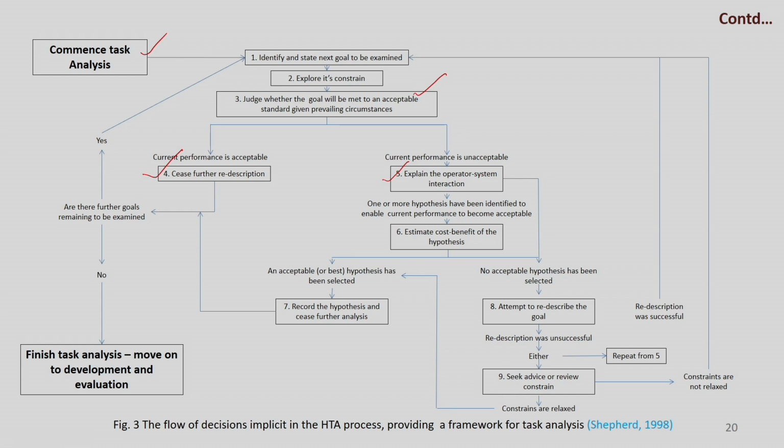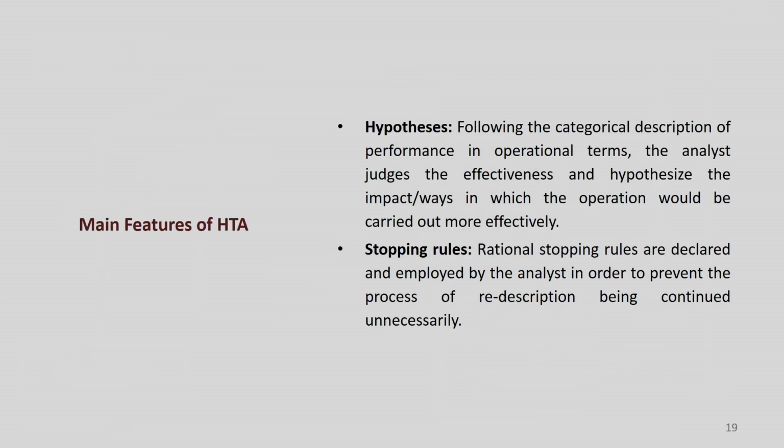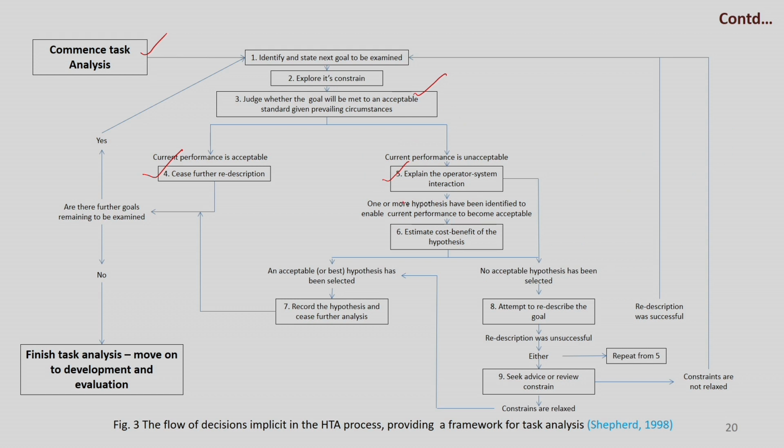So, what do you do here? One or more hypotheses need to be identified that enable the current performance to become acceptable. As in the earlier stage I said, it helps you to develop the hypothesis, the impact of some element on something else. So, once we understand that part, here also we hypothesize that. Once the hypothesis is formulated, we try to see whether it becomes acceptable or not.